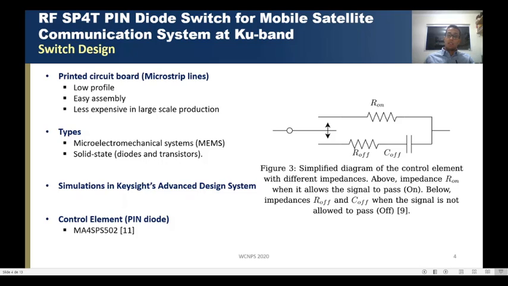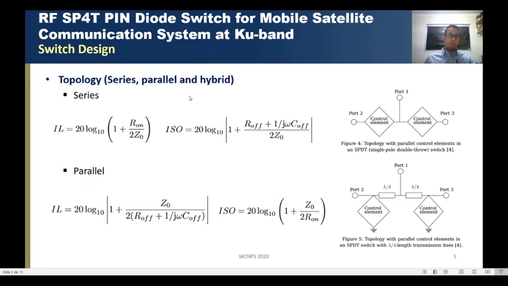So on reverse, a capacitance appears here, with also a series resistance. Well, the main topologies of this kind of circuit are with control elements in series or in parallel or both, which is the hybrid.